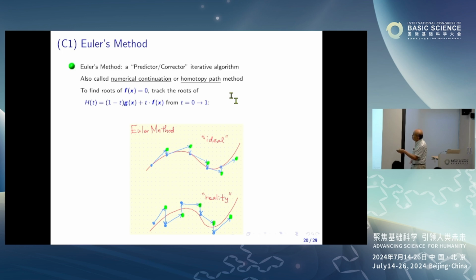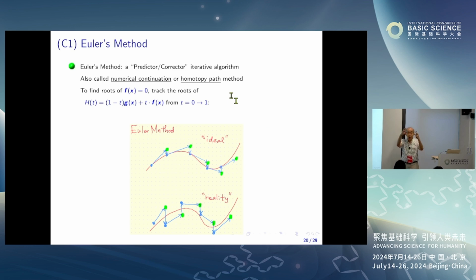What you do is construct another polynomial, h of x, t, where t is time, equal to (1 minus t) times g of x plus t times f. G of x is any polynomial you pick for which you know all its roots, usually of the same degree as f. So when t is equal to 0, you have the roots of g. And when t is equal to 1, you have the roots of f.